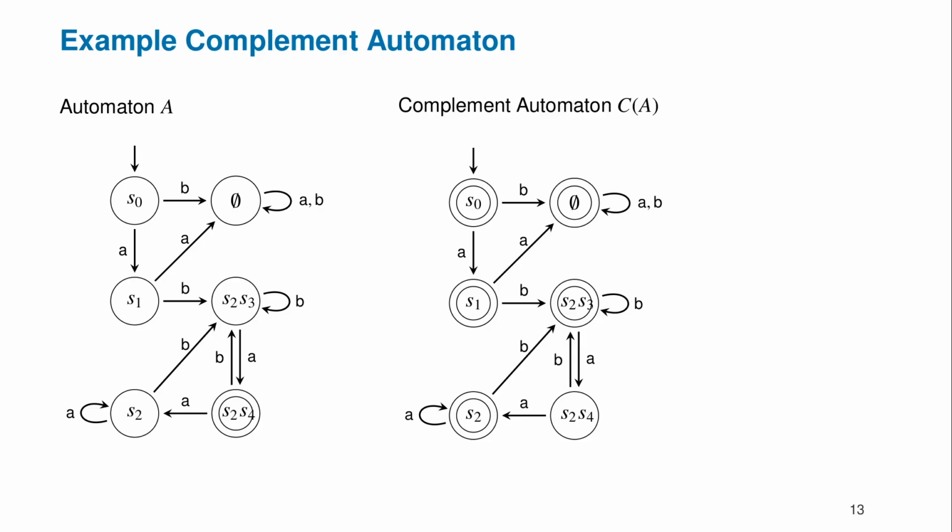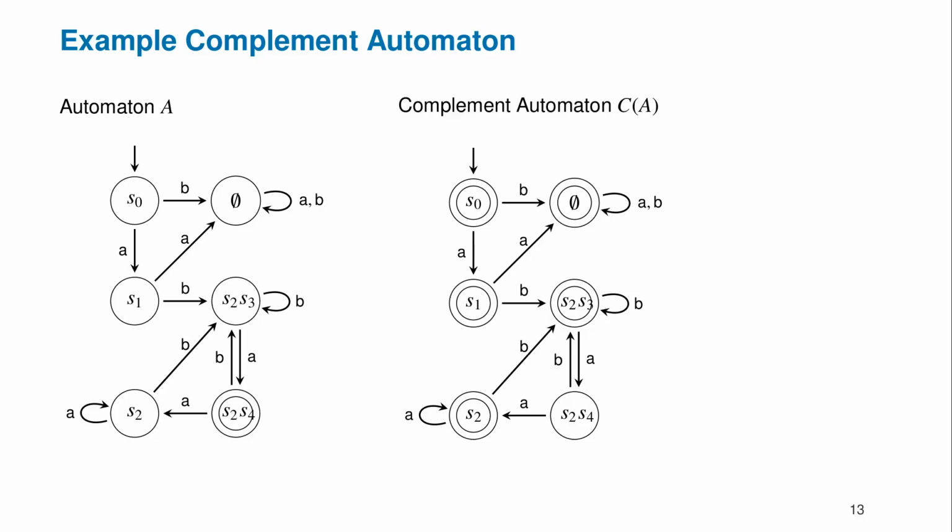So if we have A, we have B, and we have A, then we deterministically go to this state S2, S4, but this is now not a final state, so it cannot be accepted. On the other hand, we now accept the empty word, for example.